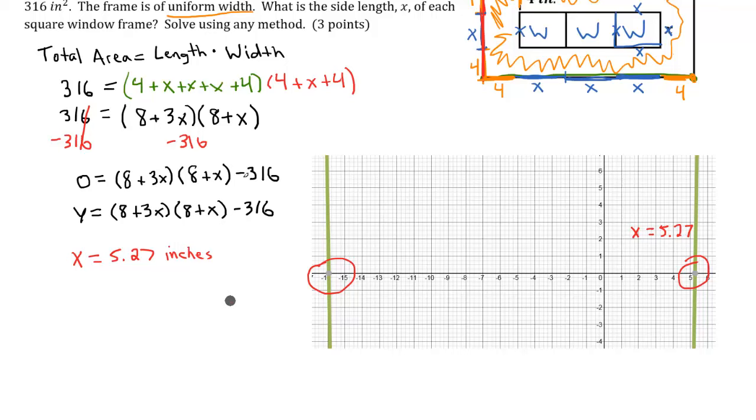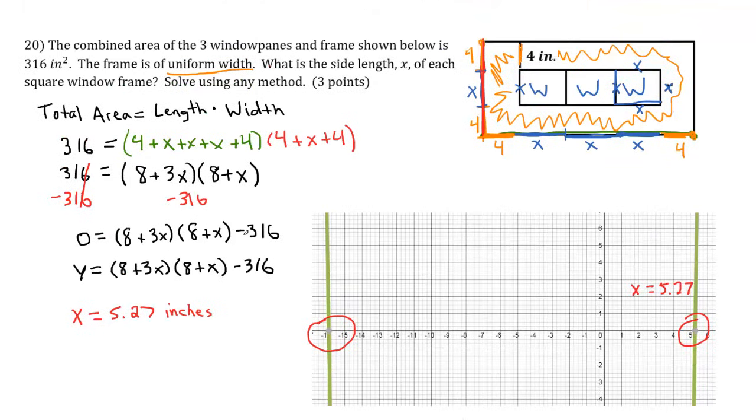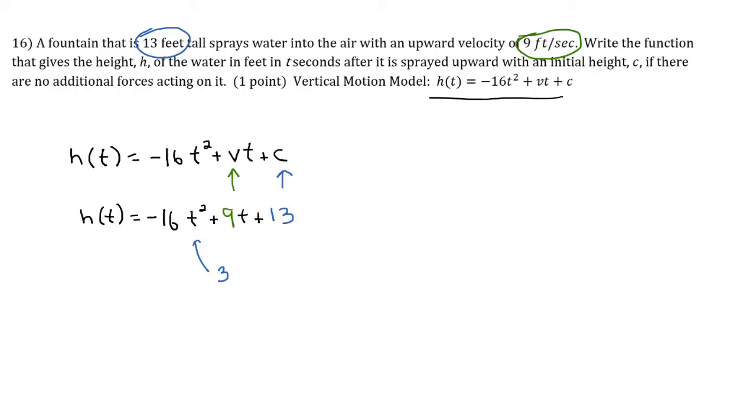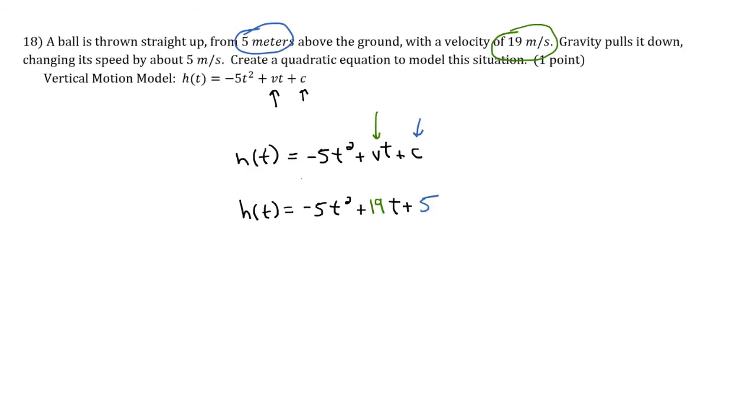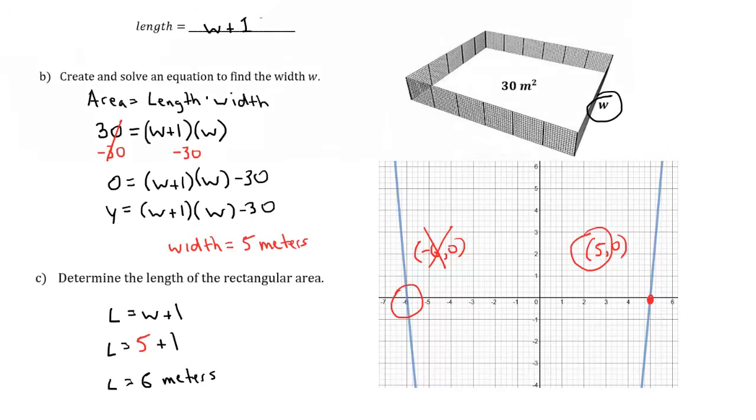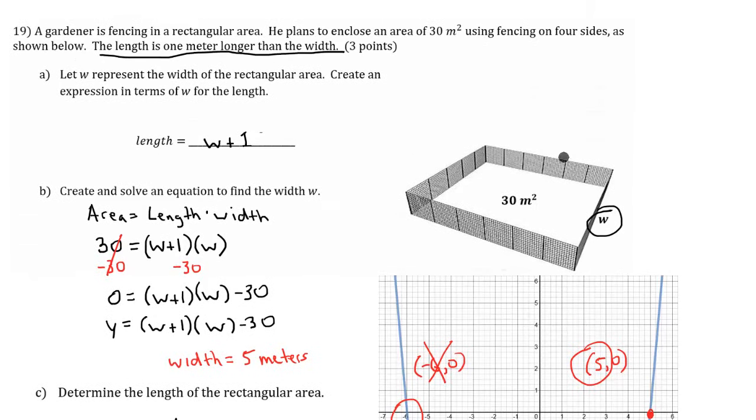So let's go ahead and recap the 5 problems that we did. The first one was a vertical motion problem where you're setting up a function. Our second one, we were creating a quadratic equation, and that involved our area formula. Question number 18 was another vertical motion problem. And then 19 was a problem that involved the fencing, and we had to figure out what the length was and then what the width was.